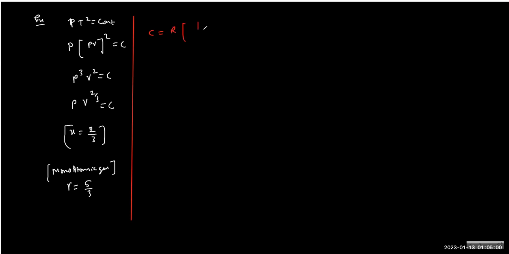R into [1/(gamma-1) minus 1/(x-1)], that is 3/2 plus 3, right? So we get 9R/2.